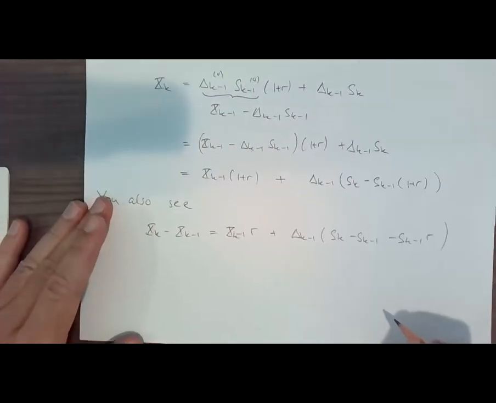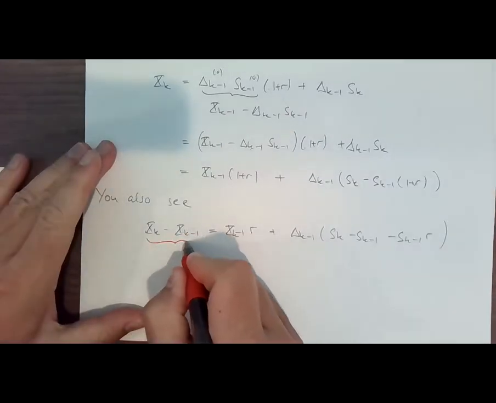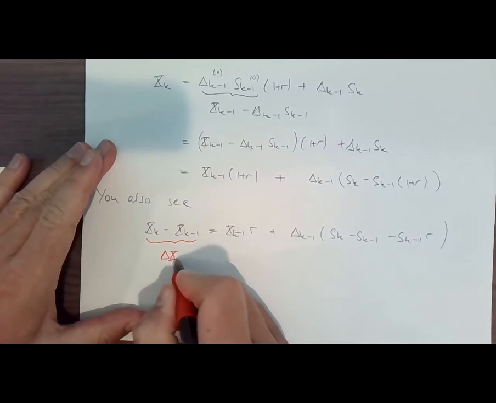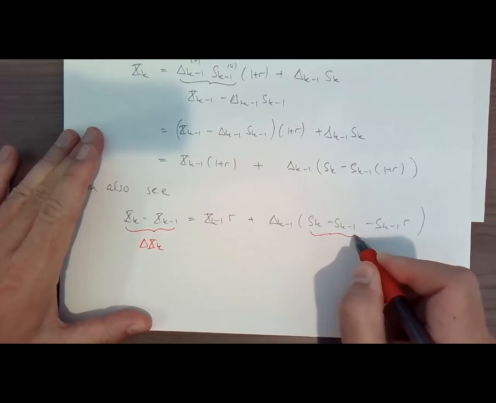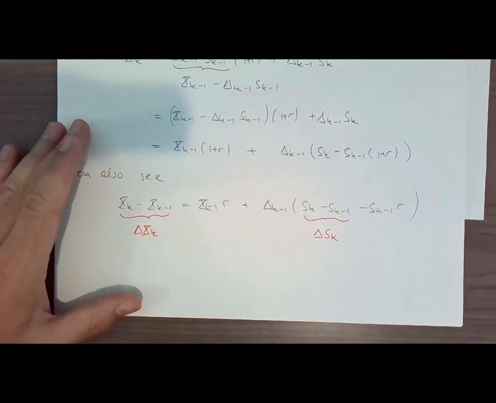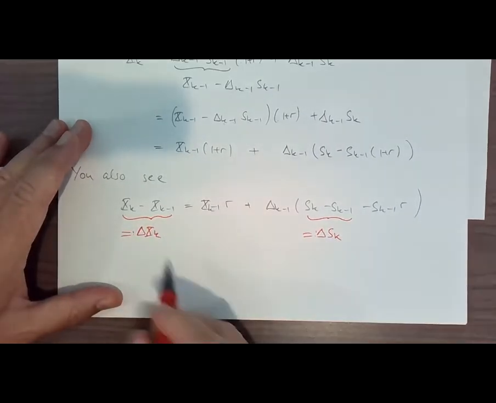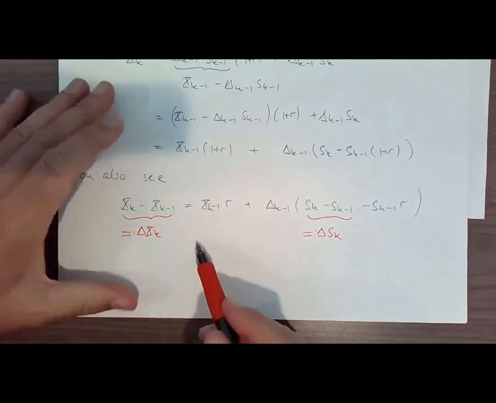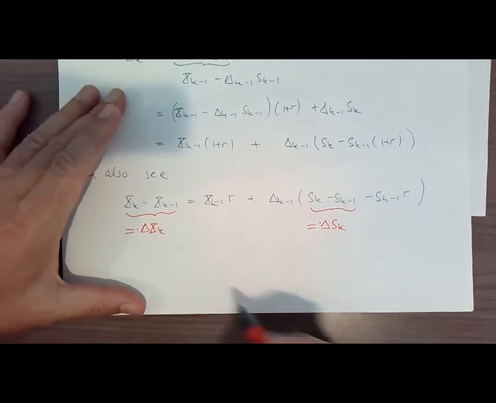And the reason that people write it like this is because you want to recognize that this here is the change in wealth. This here is my delta xk. And then you see here, this is the change in delta sk. You see the definitions. So you have that the change in your wealth process is given as this formula here on the right hand side.